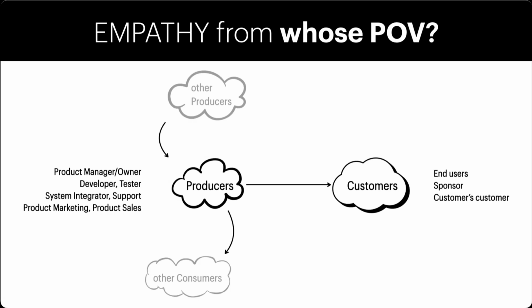There might be a sponsor. So as an organization, it is probably important that the sponsor who gave the money, who authorized the buying of our system or software, feels good about his choice.